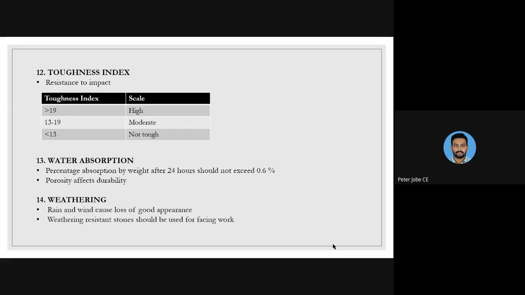And there is the toughness index. Remember these numbers. Toughness is related to impact. Impact means there is a difference between force and impact. When a force is applied suddenly, it becomes impact.